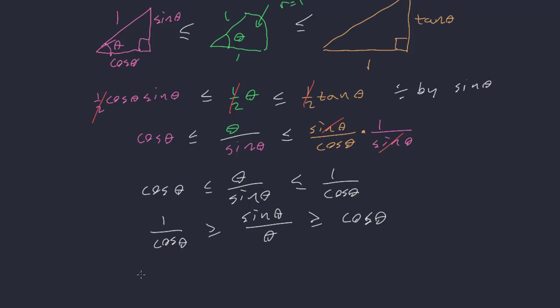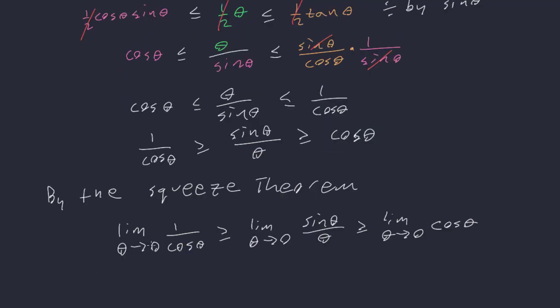Now, we can take the limit. So by the squeeze theorem, we'll have the limit as theta goes to 0 of 1 over cosine theta, which is greater than or equal to the limit as theta goes to 0 of sine theta over theta, which is greater than or equal to the limit as theta goes to 0 of cosine theta.